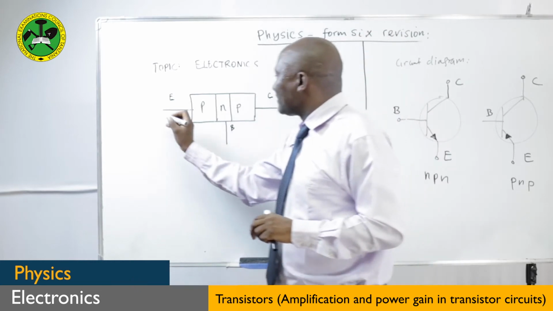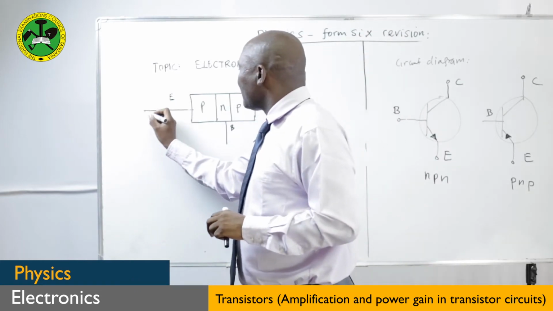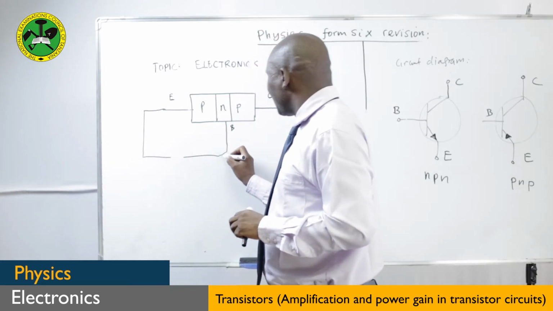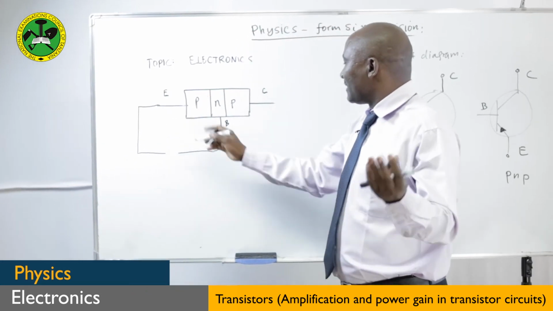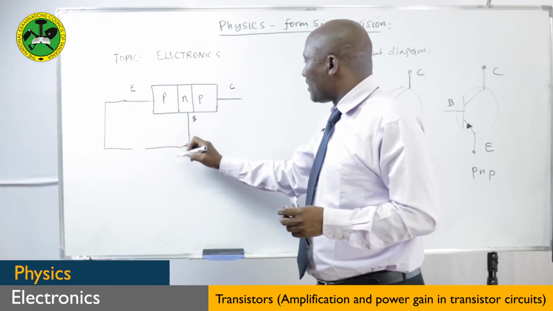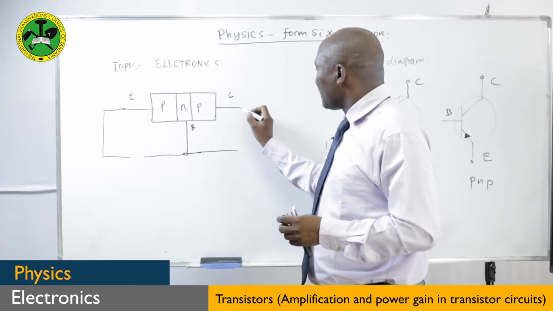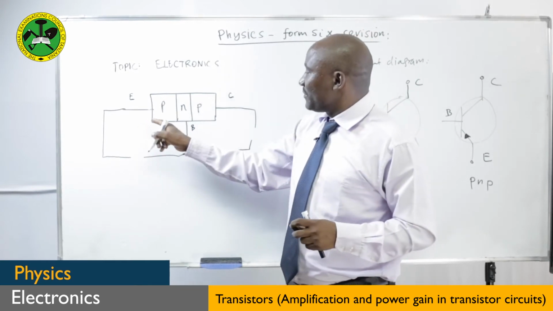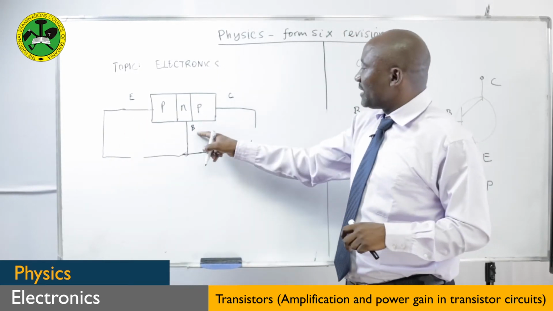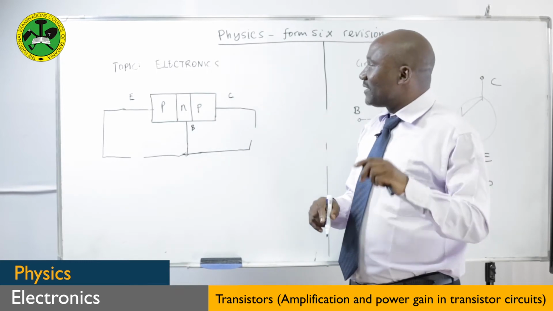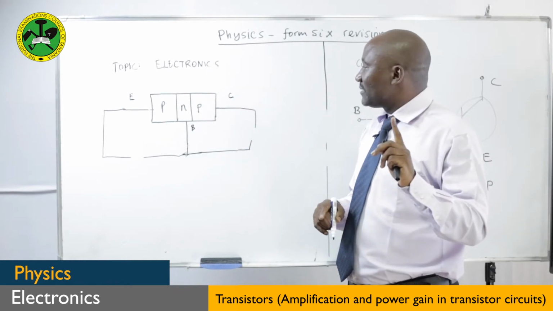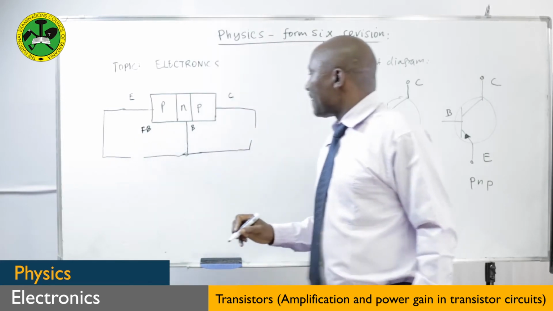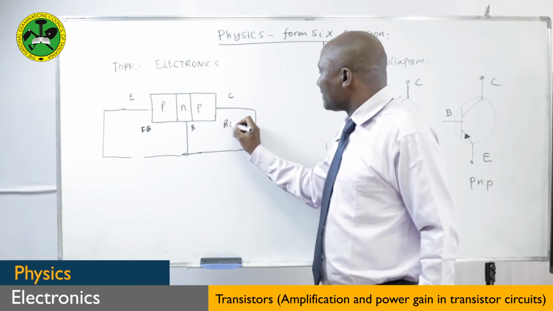Now if you connect the voltage across this, that will form the input circuit, and this will be our output circuit here. This is our base emitter circuit. This is the base collector circuit. So for a transistor to work, step number 1, the base emitter should be forward biased, and this should be reverse biased.